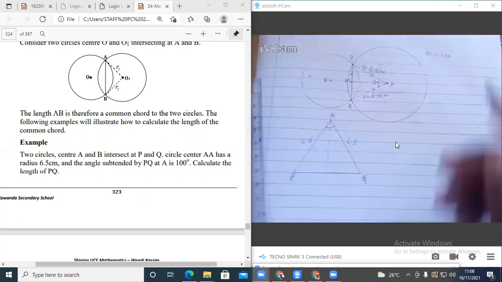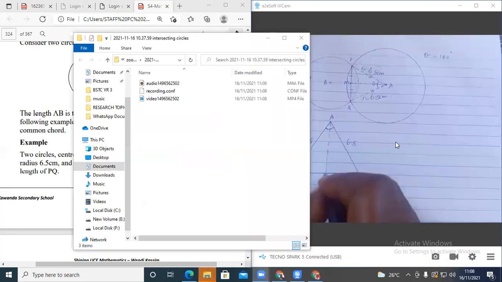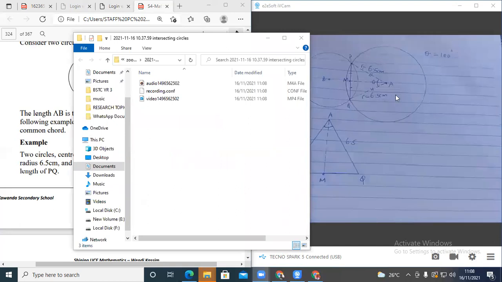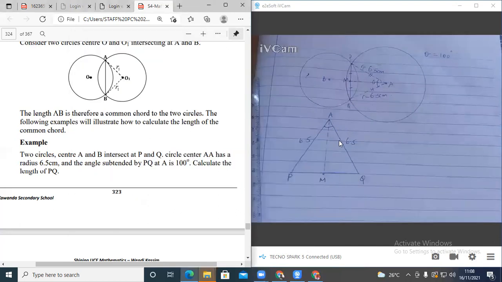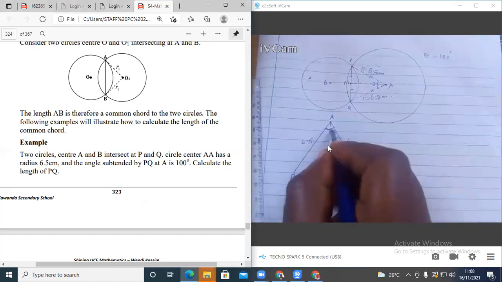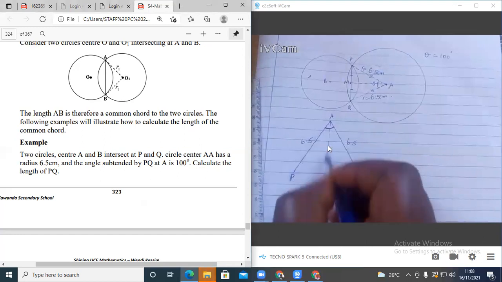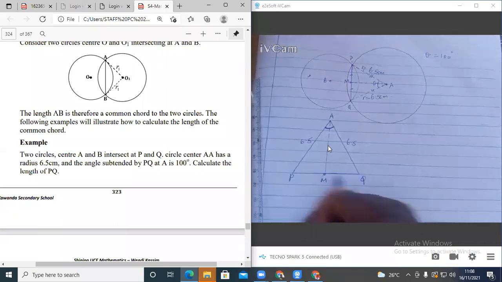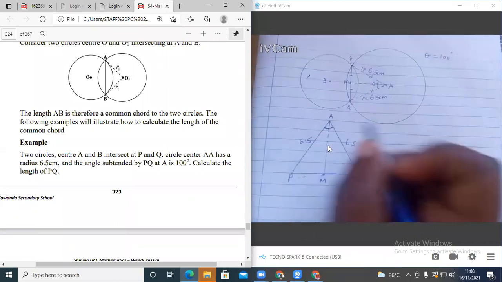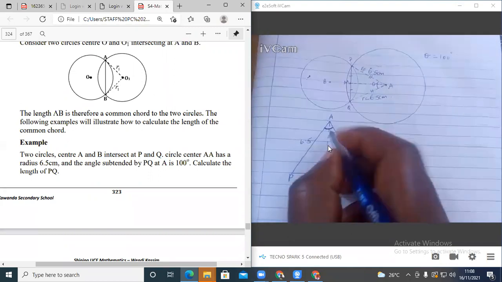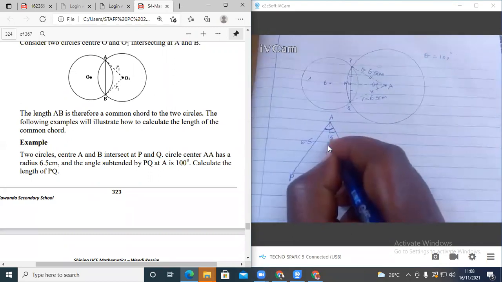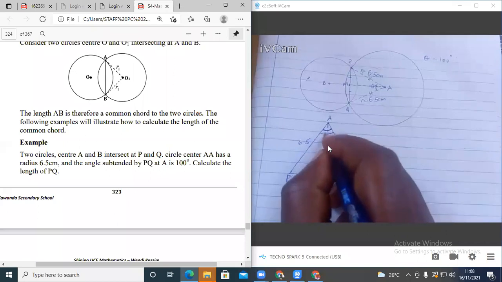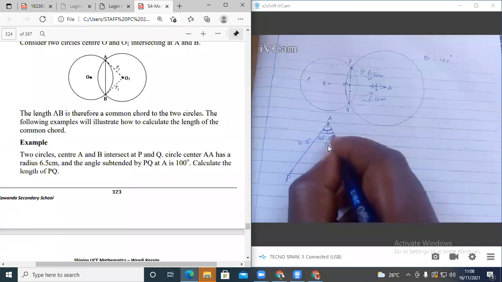So this is point M. Now what you should know is this: if the angle here was 100 degrees, this line I've drawn does not only bisect this PQ into two, but also divides this angle into two. So here I'll have 50 degrees, and also here I'll have 50 degrees.